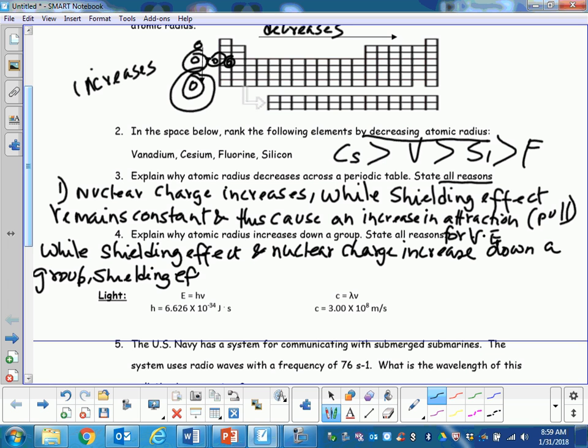Shielding effect is the dominating factor, causing a decrease in effective nuclear charge.